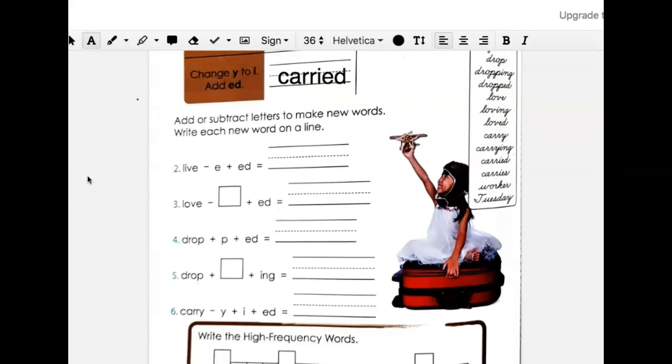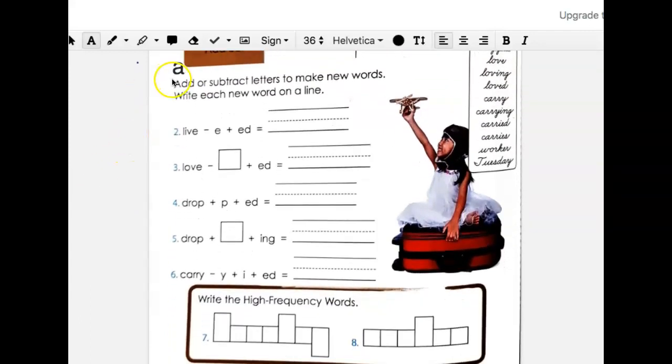For numbers 2 through 6, you're going to add or subtract letters to make new words. Write each new word on a line. Numbers 2 and 3, you're following spelling rule number 1. And numbers 4 and 5, you're following spelling rule number 2.